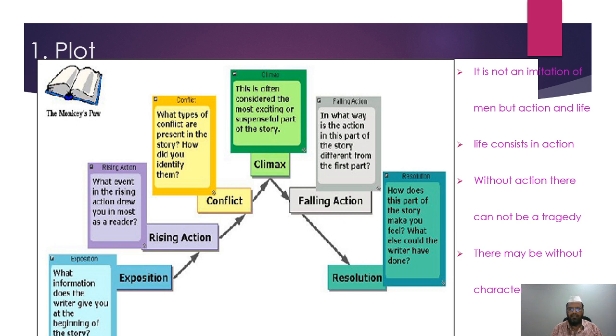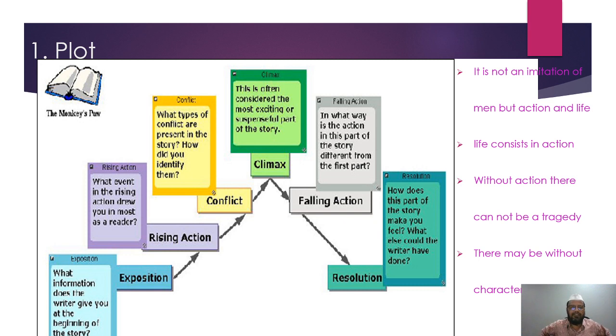So the plot has beginning, middle and end. There are 6 sub-components of this constituent part, that is plot.